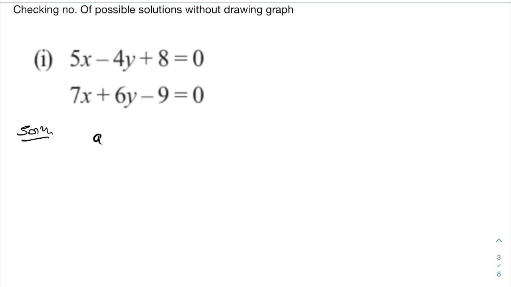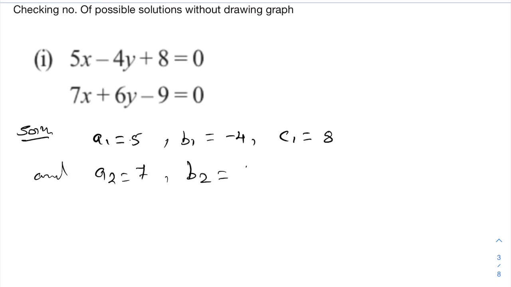So here a1 equals 5, b1 equals minus 4, and c1 equals 8, and a2 equals 7, b2 equals 6, and c2 equals minus 9.